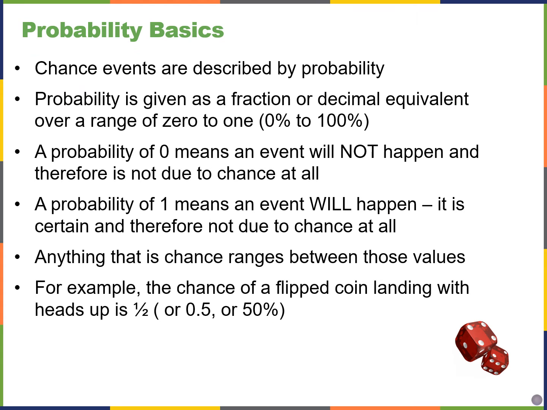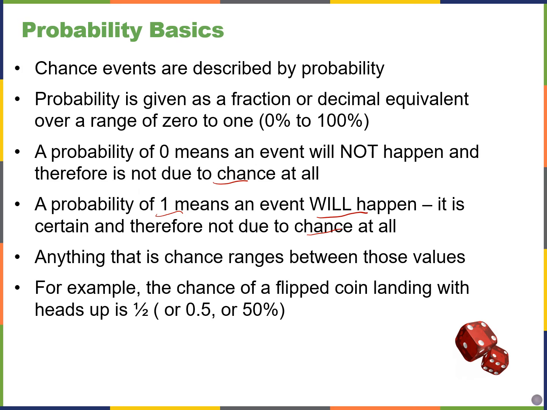There's a lot of probability when we get into genetics and predicting our offspring. So these are chance events, and if something has a 0 chance, that means it will not happen. So there's no chance. The opposite of this would be a probability of 1, which means it will for sure happen. It's 100% likely to happen, so there's no chance here either.